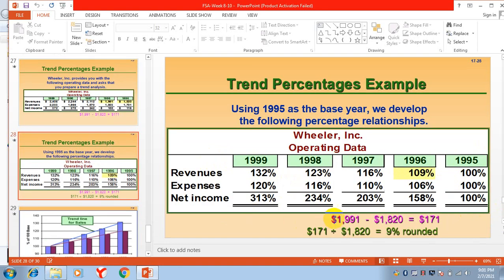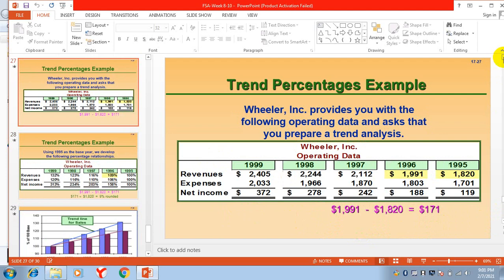Now we will convert it to percentage. 171 divided by the base year result. The difference is 171 and the base year is 1820. So 171 divided by 1820 multiplied by 100.